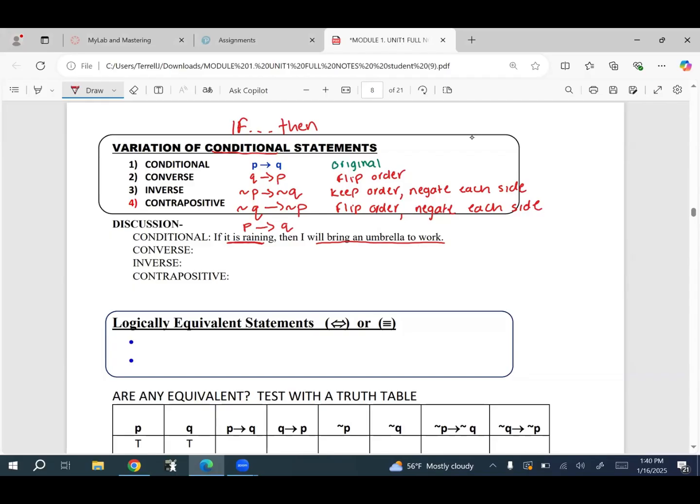Let's write out in words the converse. Look at what a converse means. I'm going to flip the P and Q. How would we state that? I'm going to write it like that. You always keep the if-then words there, right?